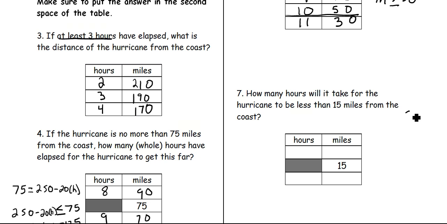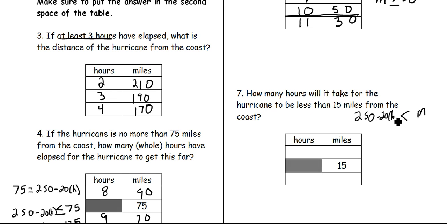How many hours will it take for the hurricane to be less than 15 miles from the coast? Okay, so we're going to do less than, and then our miles part is going to be over here. So less than 15 miles. So we can do our 250 minus 20 times the number of hours.